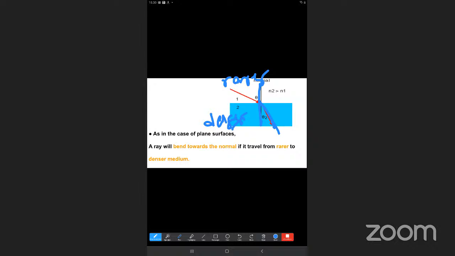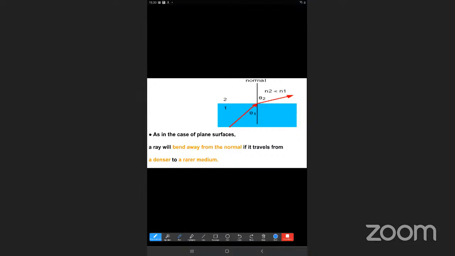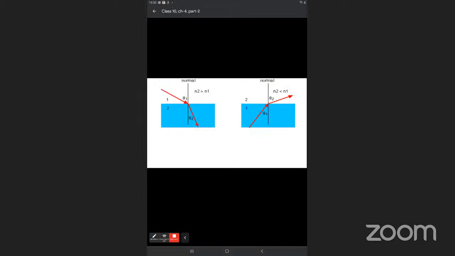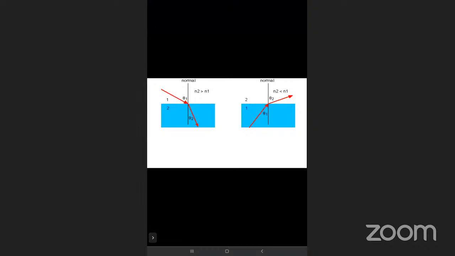When the light ray travels from denser to rarer medium, the refracted ray bends away from the normal. So rarer to denser, the refracted ray moves towards the normal. Denser to rarer, the refracted ray moves away from the normal.